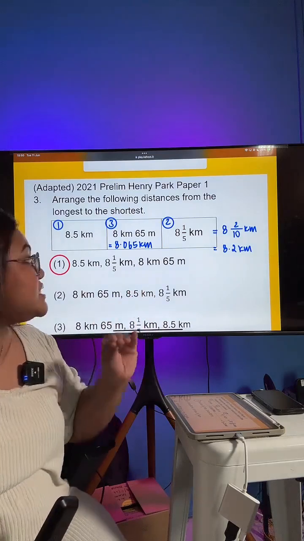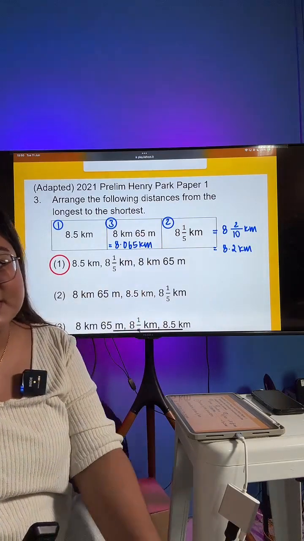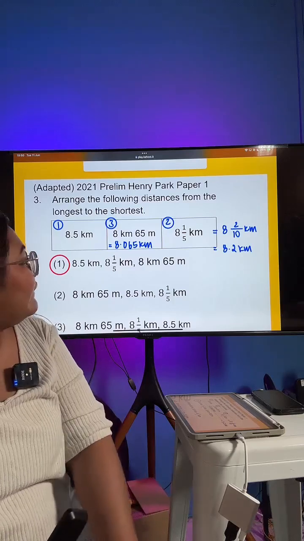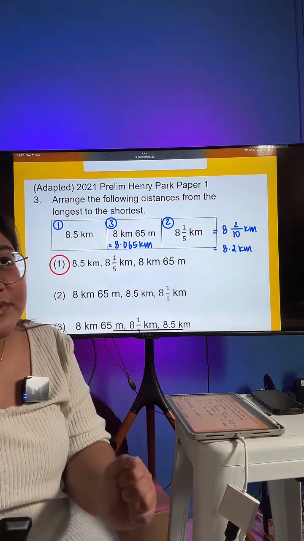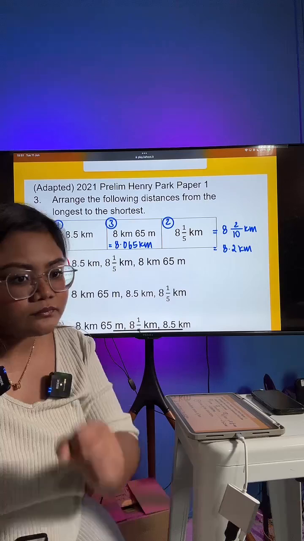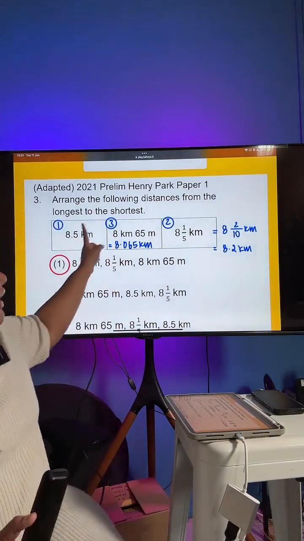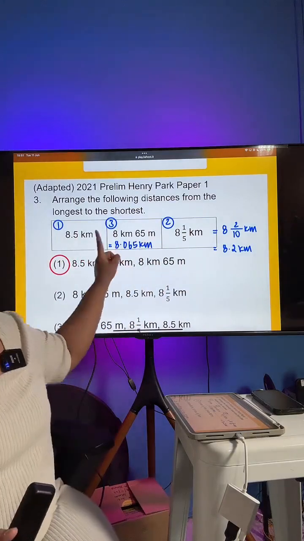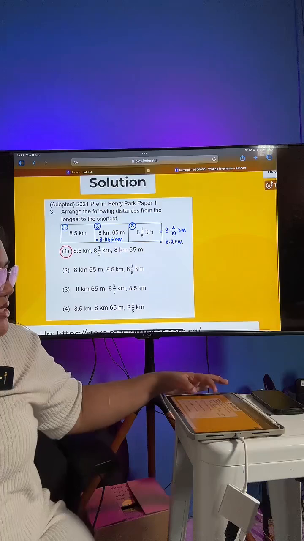Now, a lot of students will falter here and write this as 8.65. Now, this is not correct because 65 meters is 0.065 kilometers. Okay? Alright, so the answer here would be 8.5 followed by 8.2 followed by 8.065. Okay? Alright, so this is the solution.